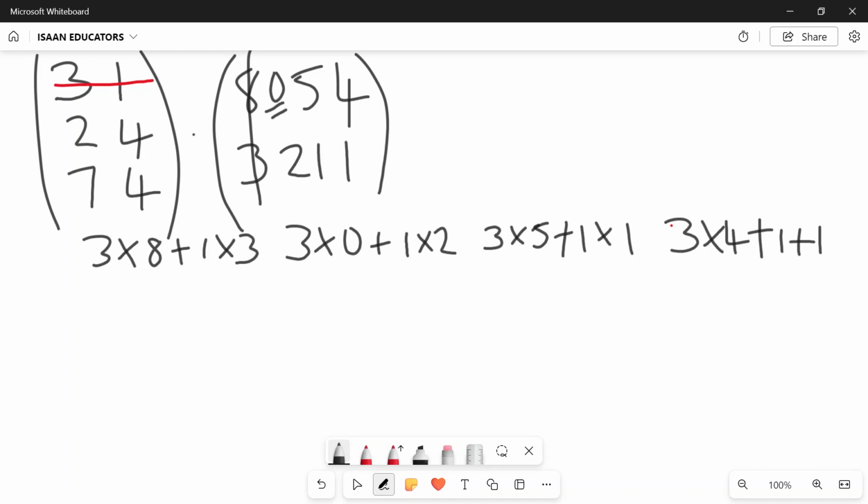So let us proceed with the next row in the first matrix, which is 2.